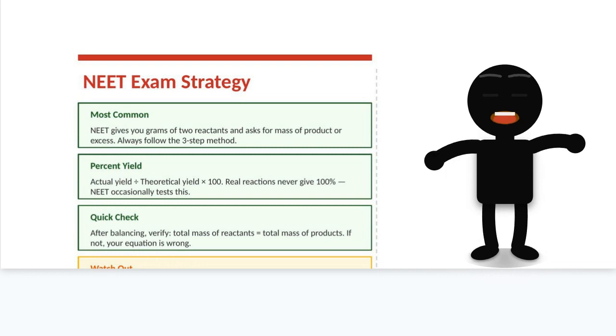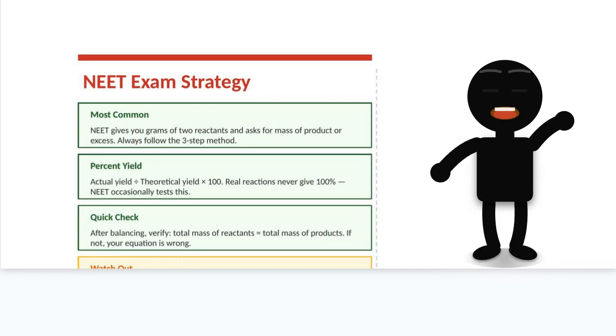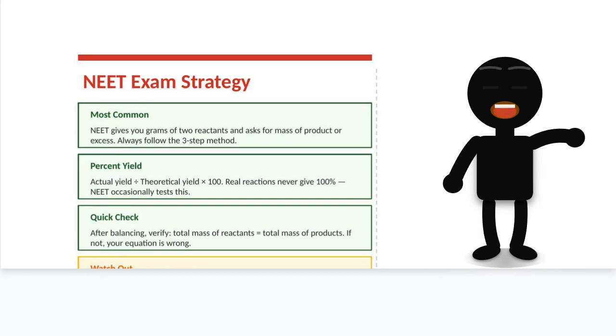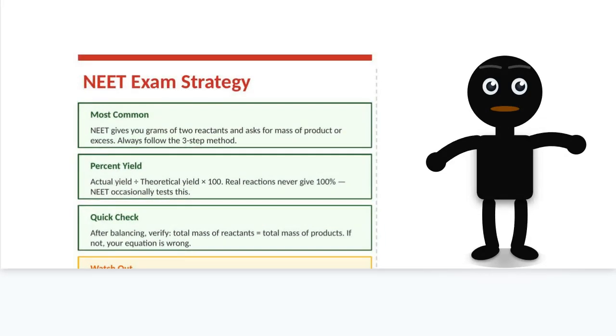A quick self-check after balancing any equation: add up the molar masses of all reactants and compare to all products. They must be equal. If they are not, your equation is not balanced correctly. And the most dangerous mistake: students often calculate product from whichever reactant they see first, rather than identifying the limiting reagent. Always find the limiting reagent first.